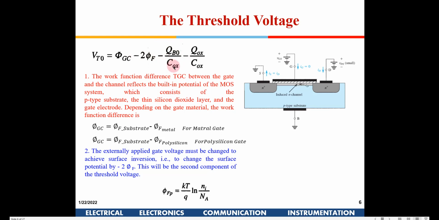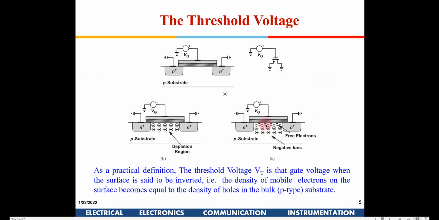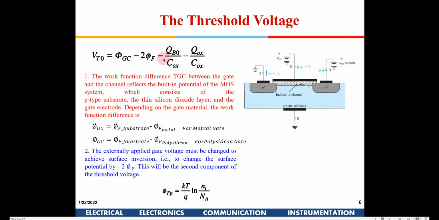We just have to understand what these components are and where they come from. So this is the additional voltage required to cater for the diode formed between the N and P. There is a depletion layer here, so we need a little bit of extra voltage to overcome that potential also. That is where this term has come in.